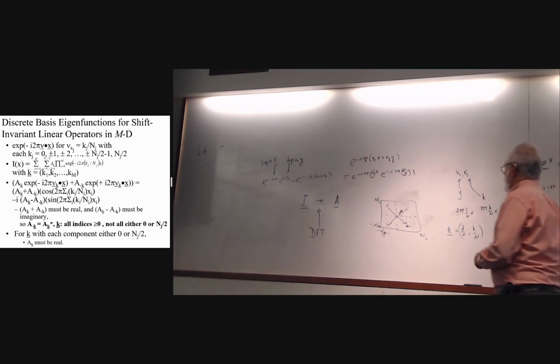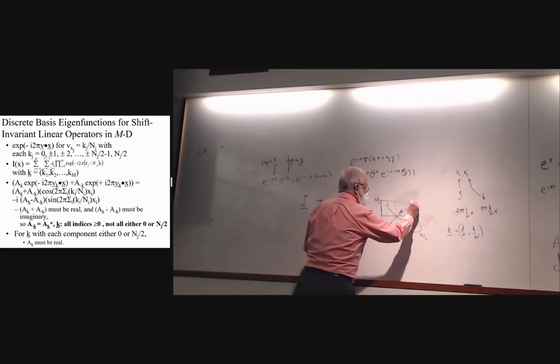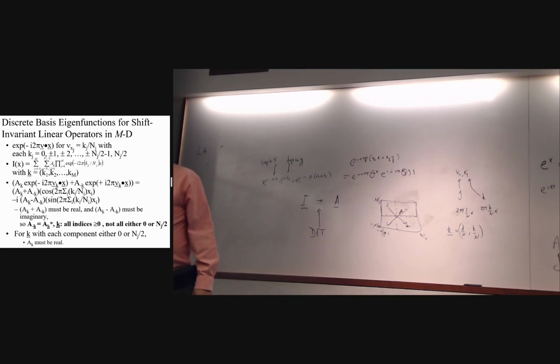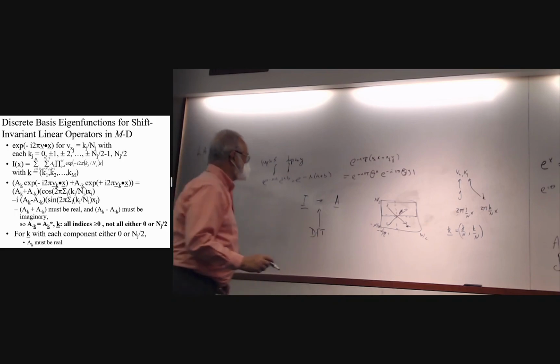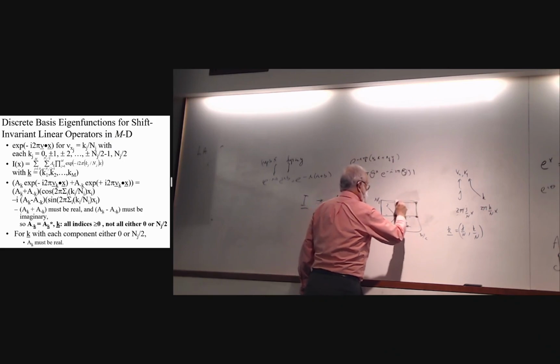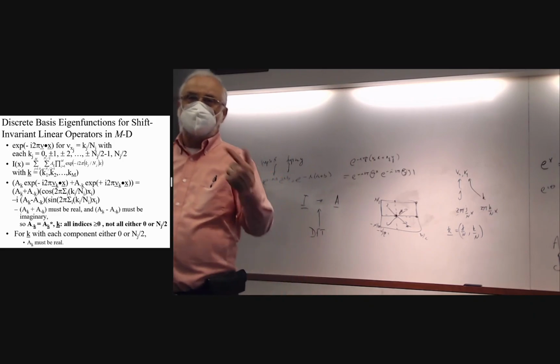Okay, pain in the rear, but the upshot is that if I only give you the top half, the bottom half is fully specified, with the exception of the special places, which are the 0 and n/2 frequencies of one of them.